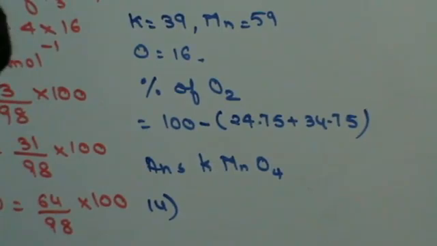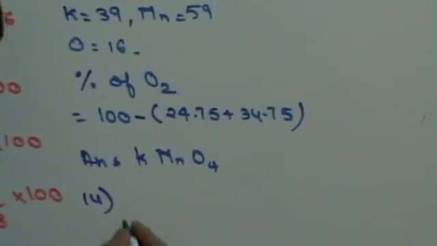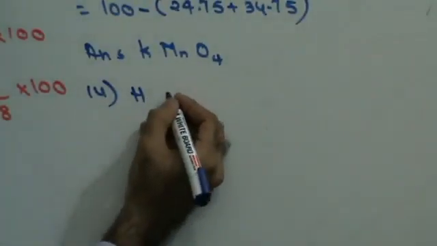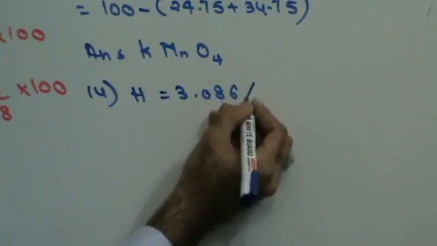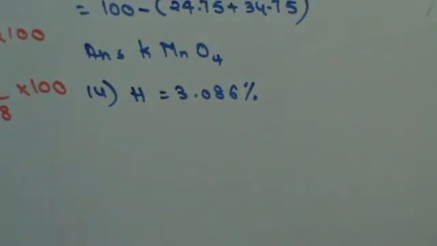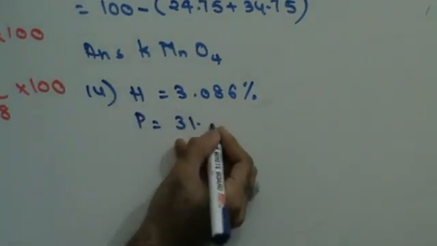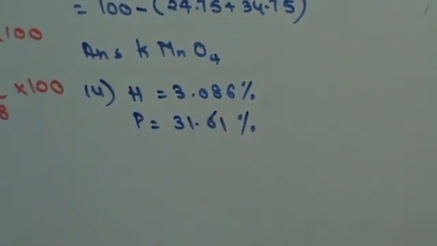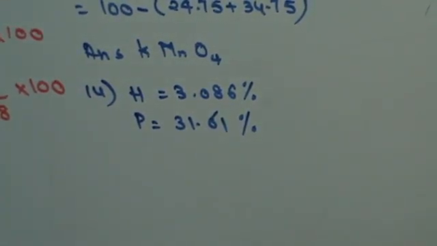Phosphoric acid contains 3.086% of hydrogen, 31.61% of phosphorus and some other element.